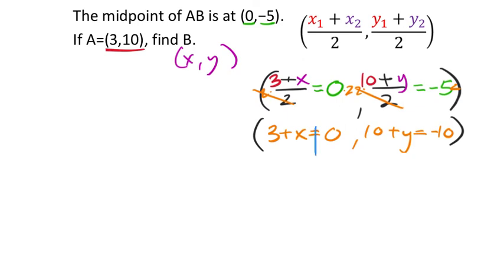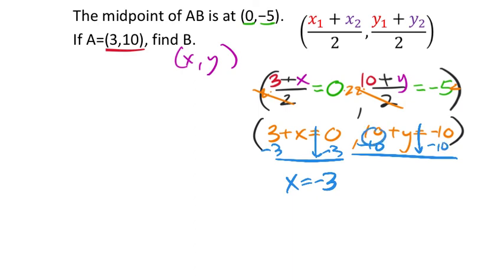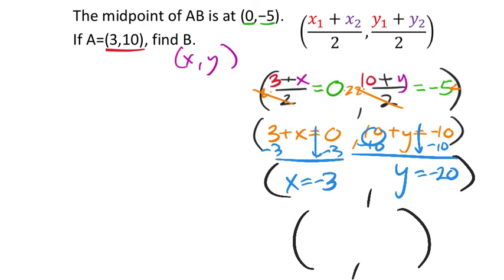On this one, I'm going to subtract 3 from both sides, so x equals negative 3. And over here, I'll subtract 10 from both sides, so y equals negative 20. Let's write this as an official ordered pair: negative 3, negative 20.